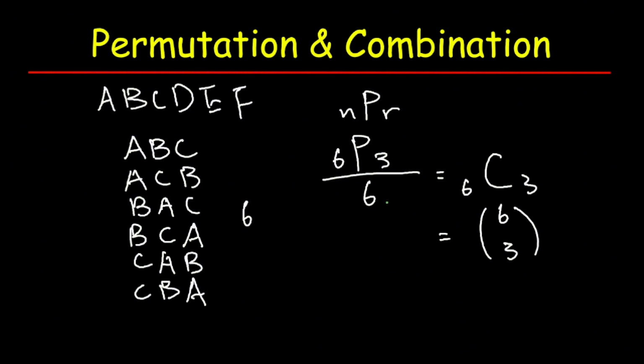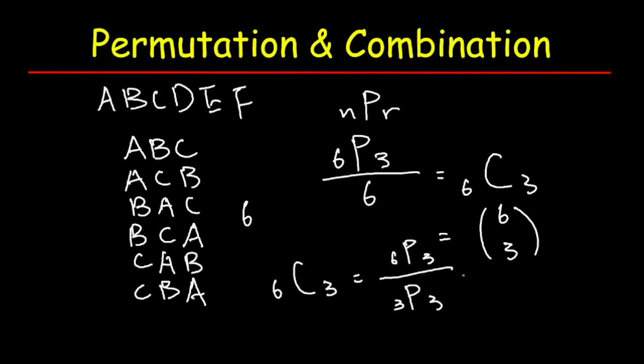How do we know how many duplicates there are? Well, once we've chosen the 3, we can essentially figure out exactly how many duplicates there are by doing 3P3. So we can once again write 6 choose 3 as 6 permute 3 divided by 3 permute 3.